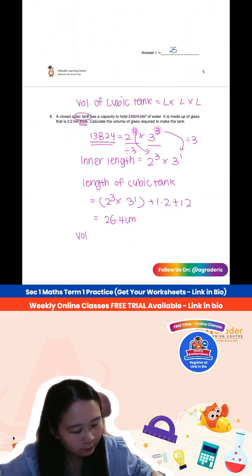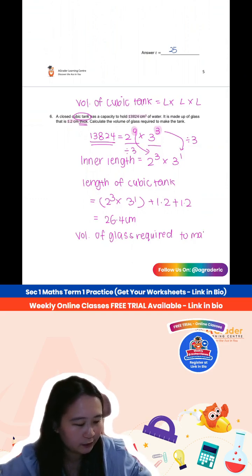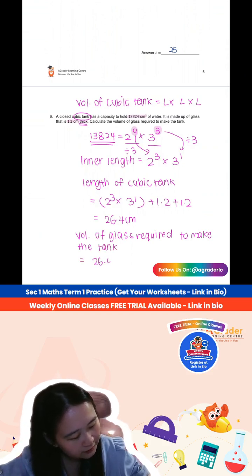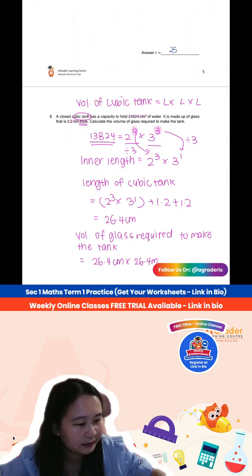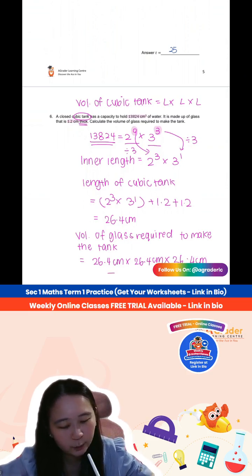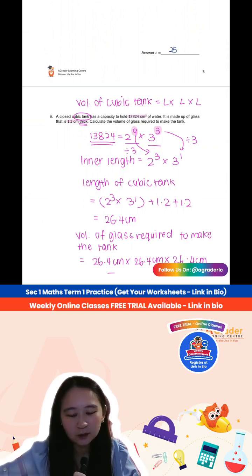So the volume of glass required to make the tank would be 26.4 cm times, so length times length times length. Don't forget to minus away the inner capacity, which is the capacity of the tank.